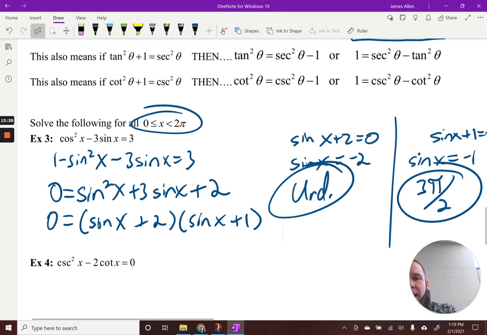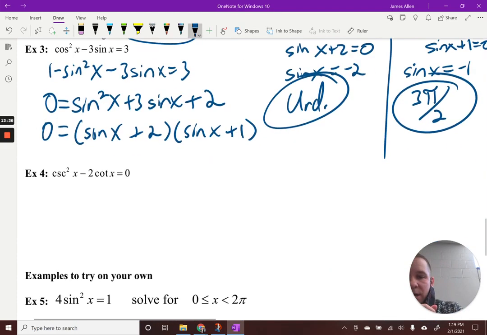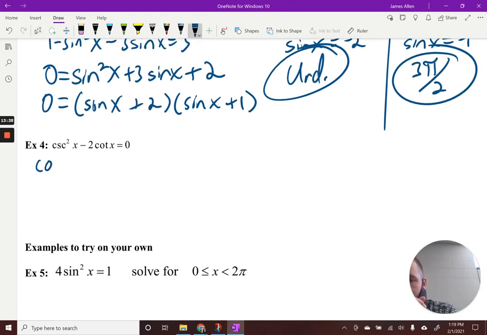But cosecant squared of x, if I think back to my Pythagorean identity, I could substitute in cotangent squared theta plus 1 in its place. So I've got cotangent squared x plus 1 in the place of cosecant squared x, and then minus 2 cotangent x equals 0.